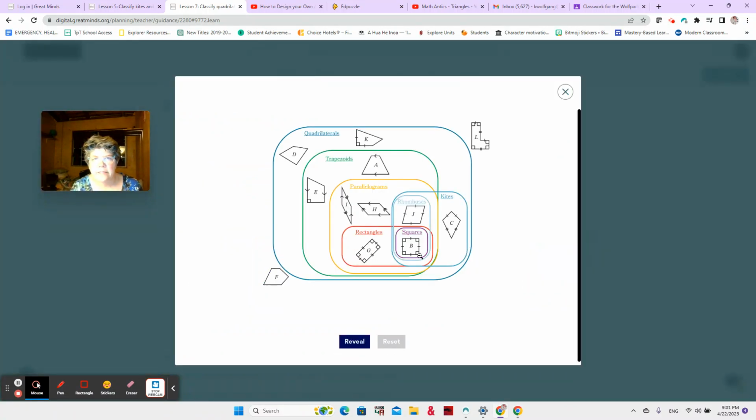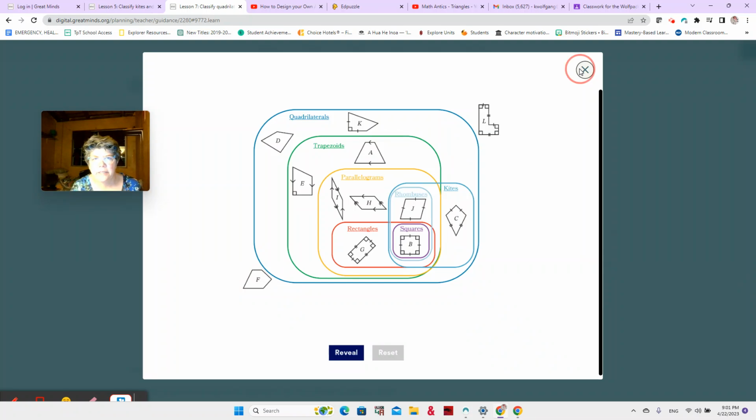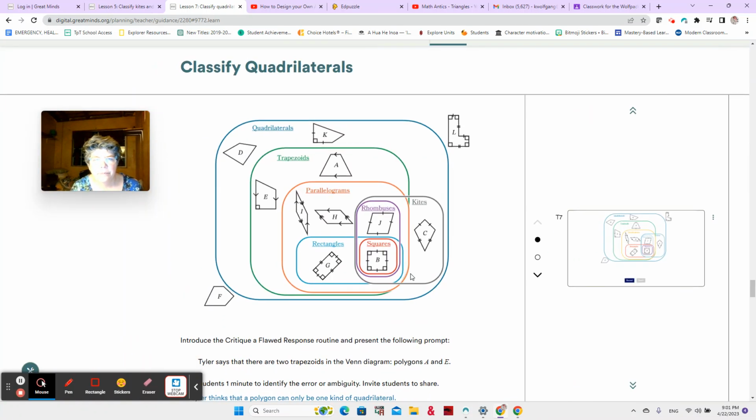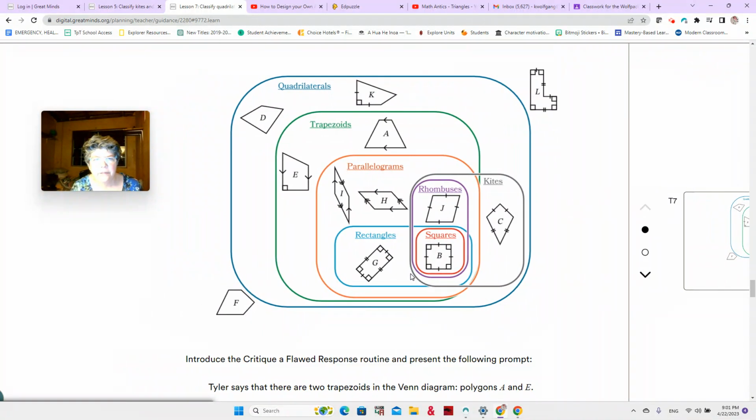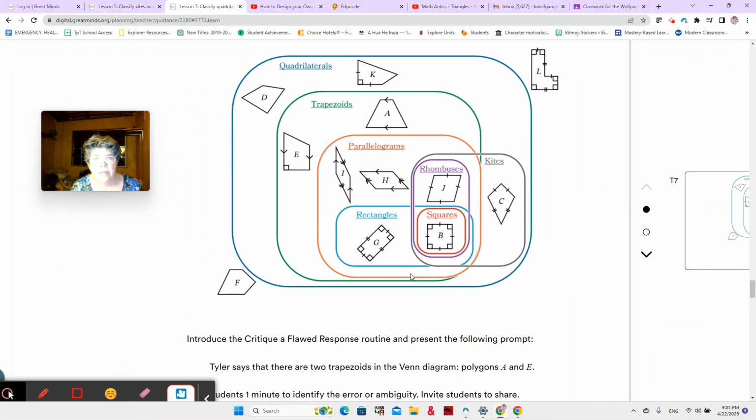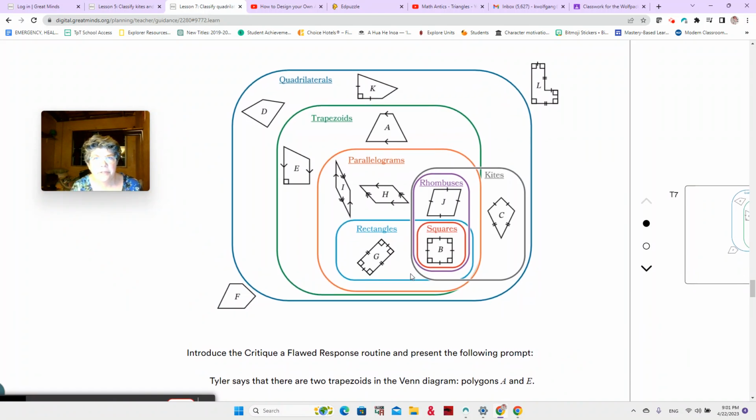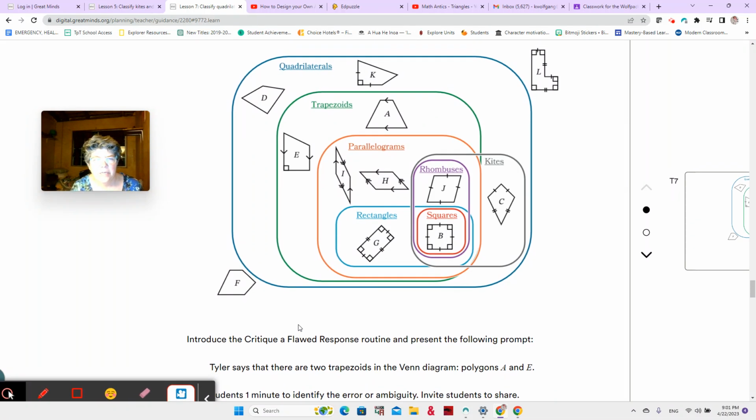Let's look at this. Here is a Venn diagram, a little bit different, right? Because we have this over here and this over here. Now, Tyler says that there are 2 trapezoids in the Venn diagram, polygon A and polygon E. Do you think he's right?